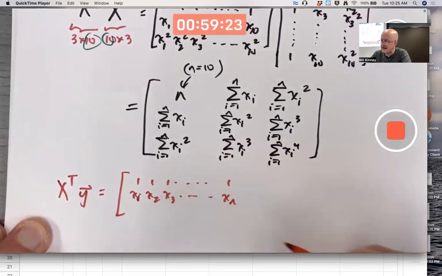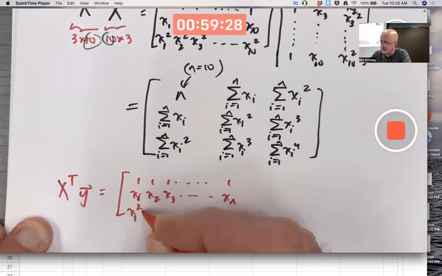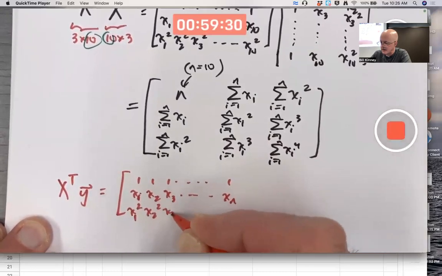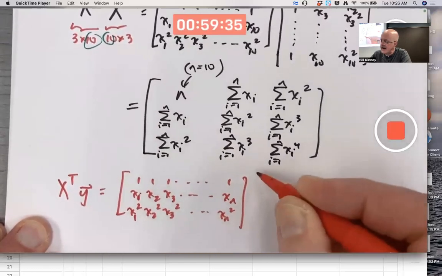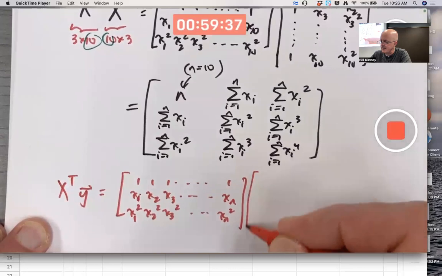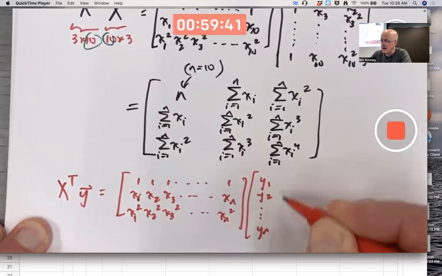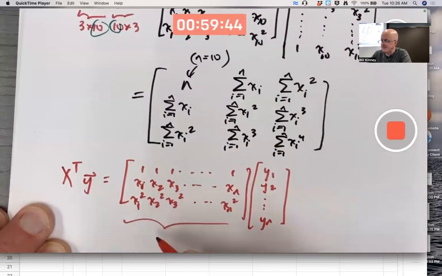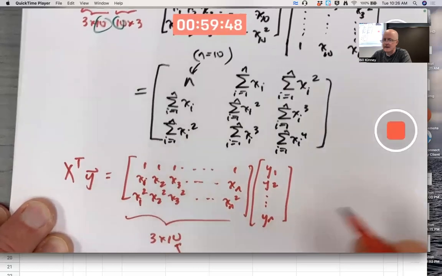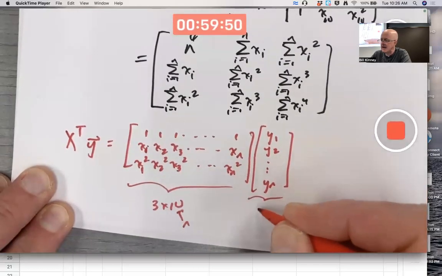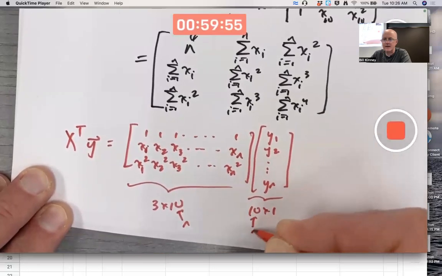Okay, now I'm putting an n here. I could have put a 10. The data y values, what are you going to get? This is a 3 by 10 matrix when n is 10 times a 10 by 1 vector when n is 10.